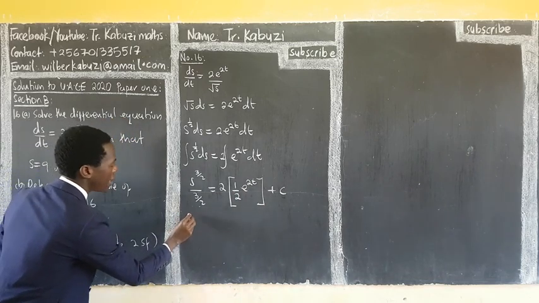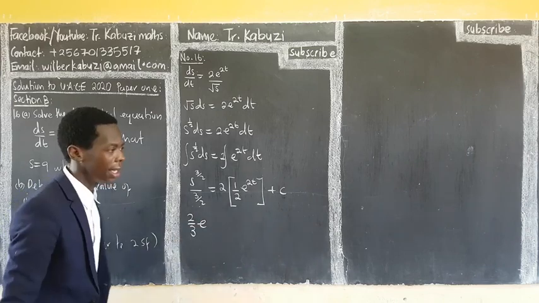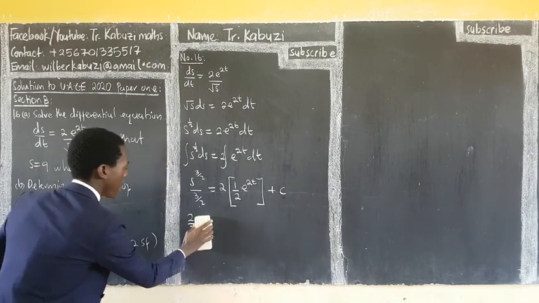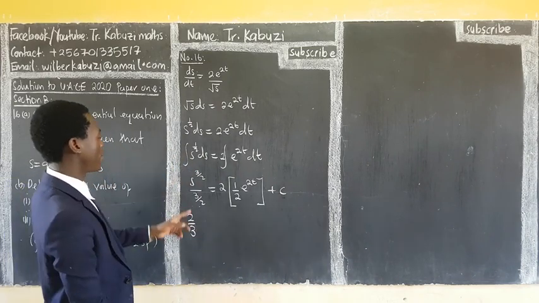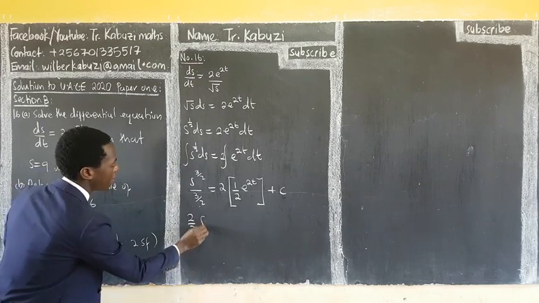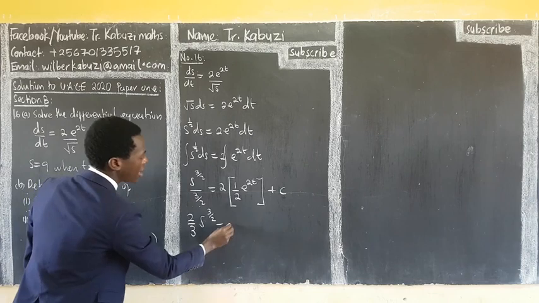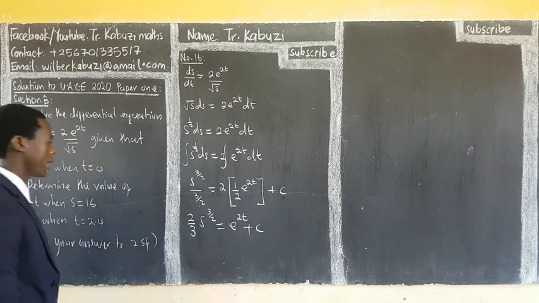So now simplify, this becomes 2 over 3 s exponent 3 over 2 equaling 2e to power t, plus c.